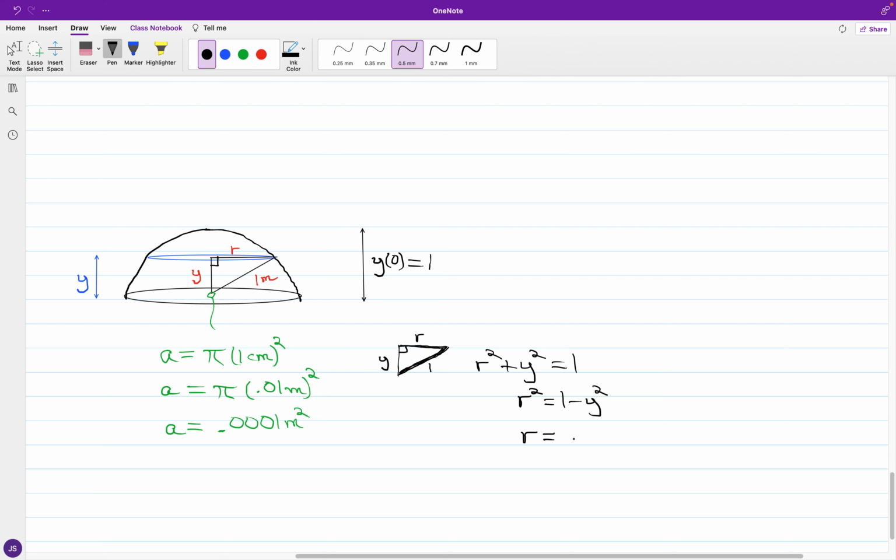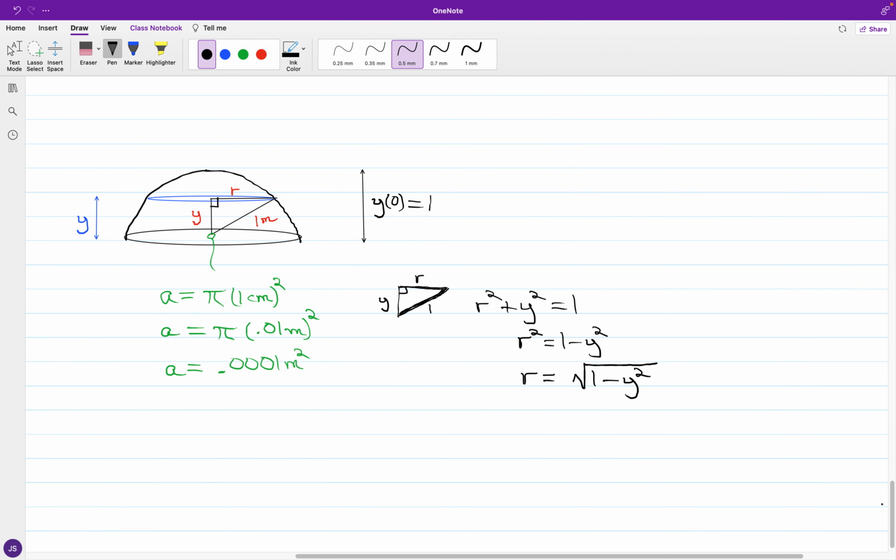With the square root property of equality but keeping the positive square root, r is equal to the square root of 1 minus y squared. And the initial liquid level is at 1, since the hemispherical tank starts out full.